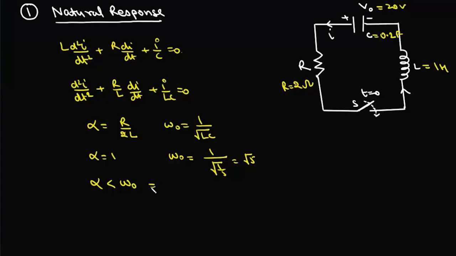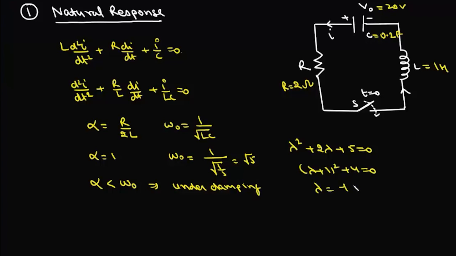So basically, it's a case of underdamping. So this characteristic equation will be lambda square plus 2 lambda plus 5 equals 0, or lambda plus 1 whole square plus 4 equals 0, or lambda is minus 1 plus minus 2 iota.